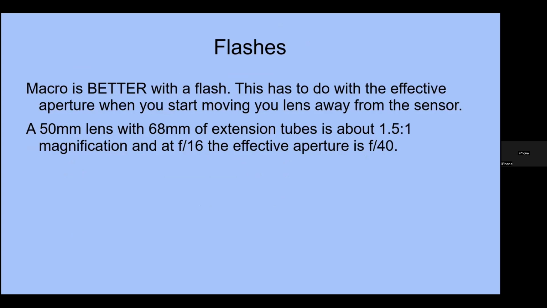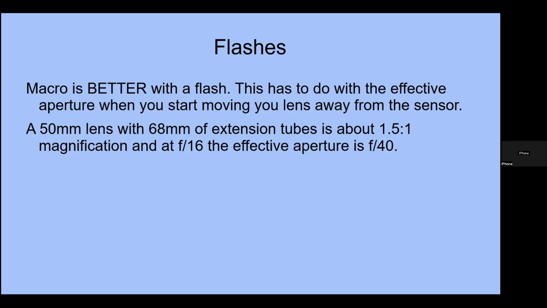Flash. Flash is one of those things that's not really going to make your picture bigger or smaller, but when you have your 50 millimeter lens on 68 millimeters of extension tube, if you're at like f16, your effective aperture is going to be like f32.